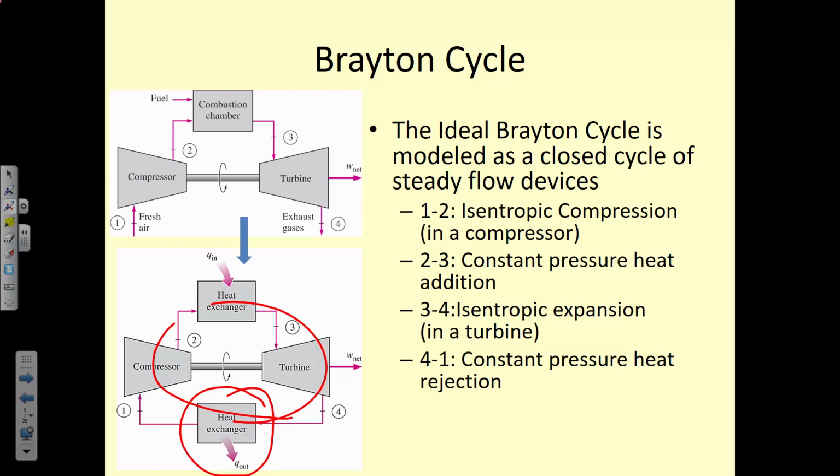Yes? The spinning rod in the middle, is there any work out from that, or is it just spinning? It's powering the compressor. Yeah. So it's not physically like that necessarily in a power plant, that the turbine's not directly attached to the compressor, but that's just a way of showing that they're linked, that some of the work out of the turbine is being used to actually power the compressor.